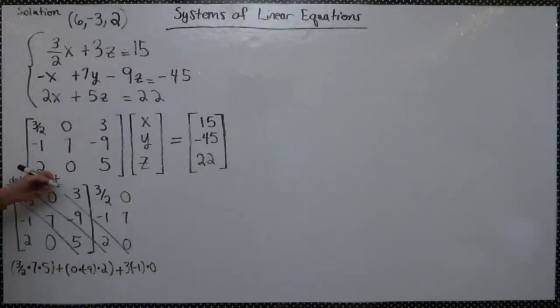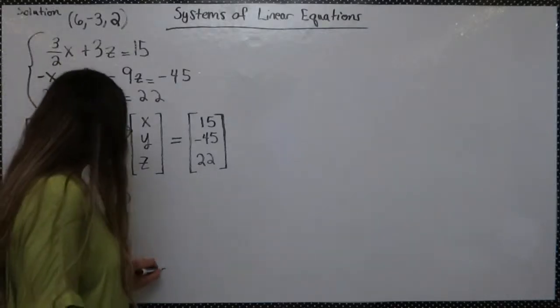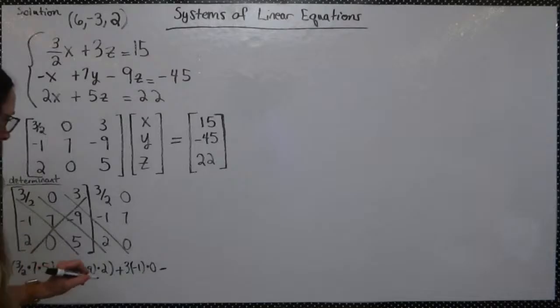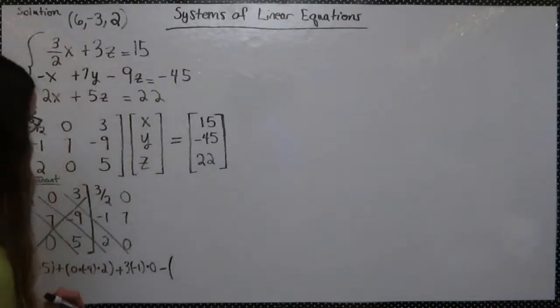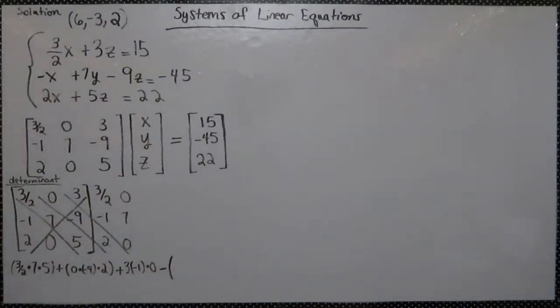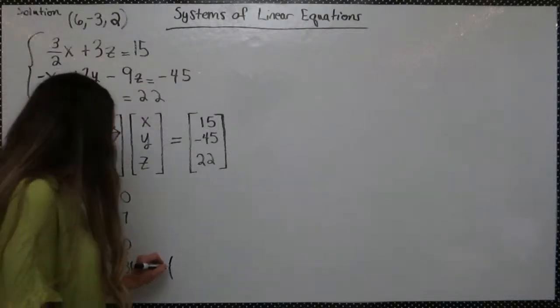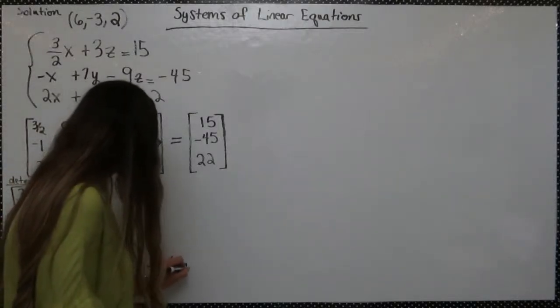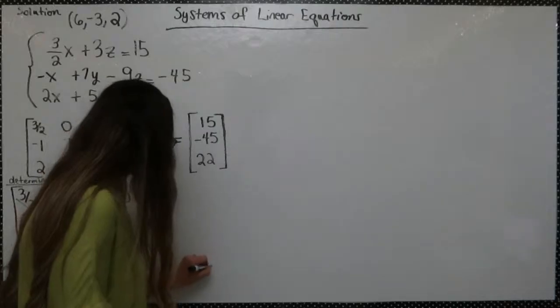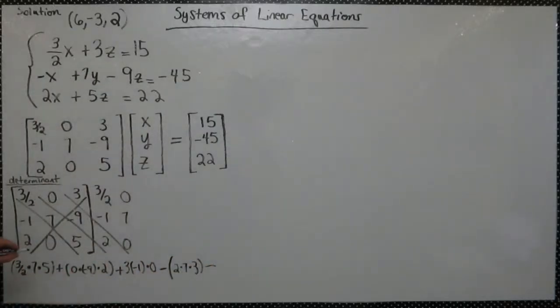Okay, now we're going to go the other direction. So we're going to do this diagonal first. Well, now with the backslashes, we have to subtract. So we're going to put that minus there. We can put one big parentheses if we want. And we have 2 times 7 times 3. Minus the next diagonal, which would be this one.